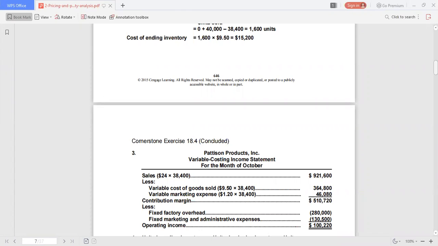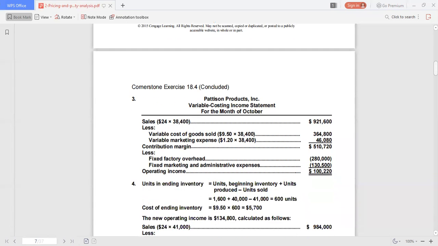Now in the case of the last case, if sales exceeds production, in the case of number 4, the units in the ending inventory by November. Beginning inventory November 1, 1,600 units, and then we add 40,000 units produced, and we deduct 41,000 units sold.